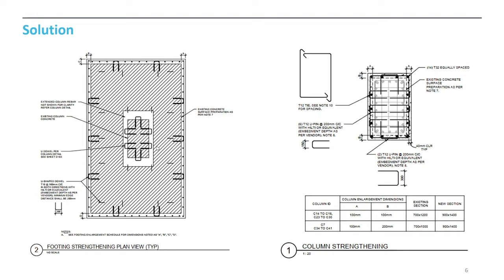So this was partly executed, and then the recent upgradation came, and we are still working on that. We have issued the column strengthening drawing and shear wall strengthening drawing, and we are in the process of designing the foundation as well as checking the beams and horizontal elements. These are some photographs from last year's execution.